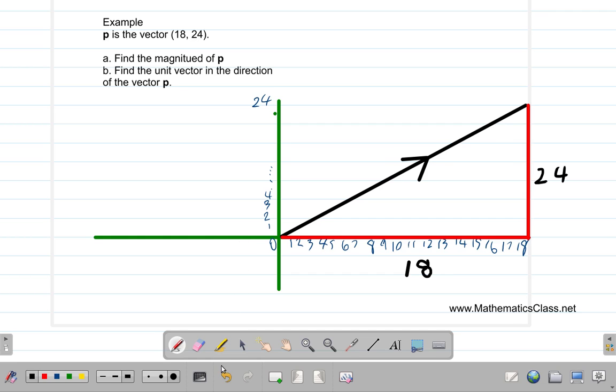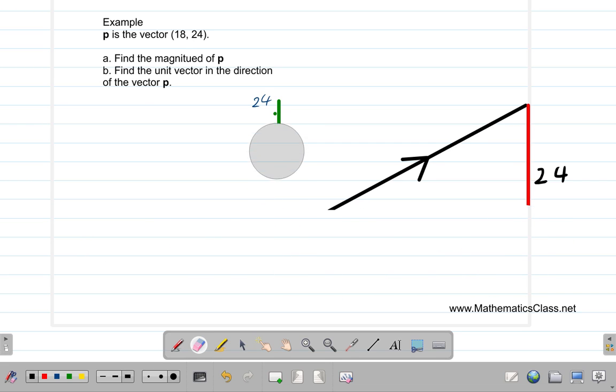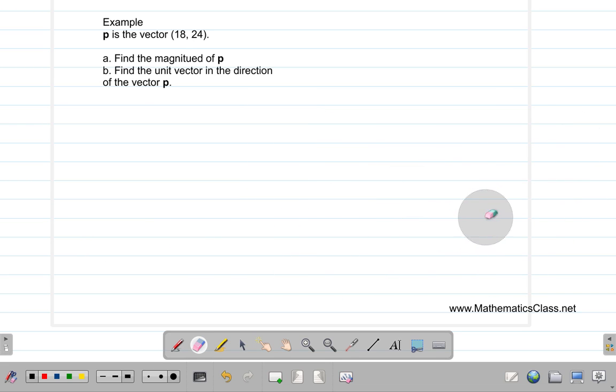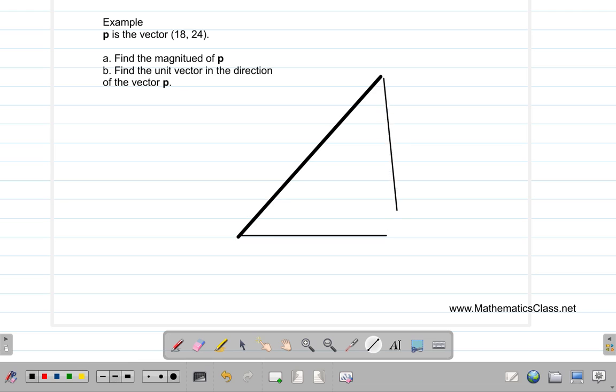Now, to make it more to the ratios of the lengths of the sides, we will redraw it without the x and the y axes. It may look somewhat like this. You have your horizontal side, you have your vertical side.